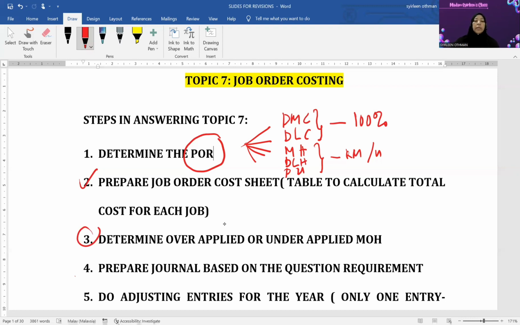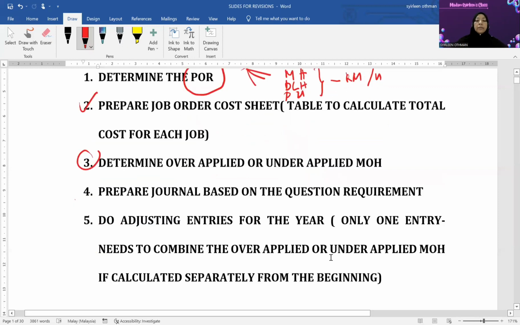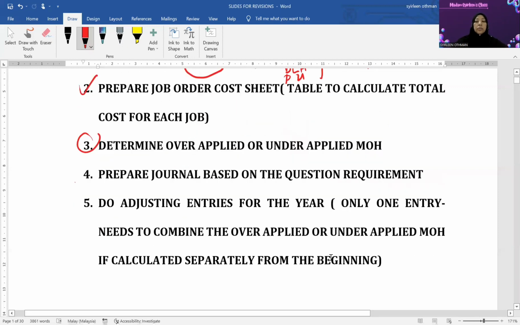We are doing the adjusting entries for the whole year. As we learned in semester 1, there will be only one entry needed for your over applied or under applied MOH.